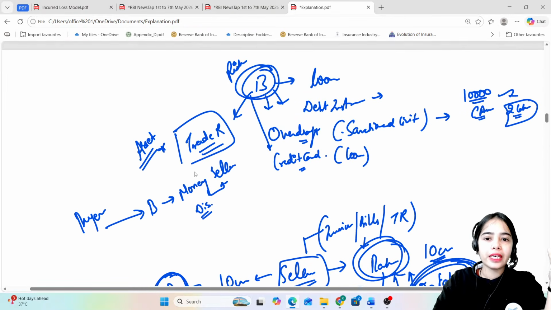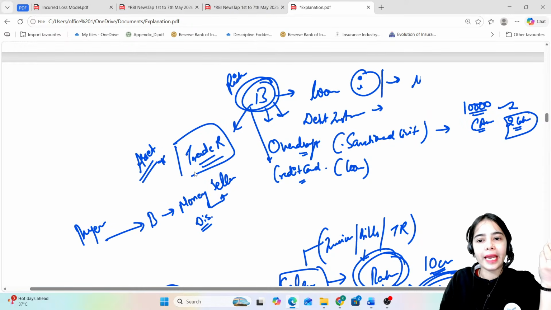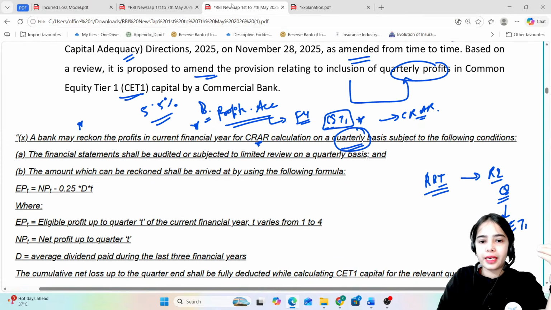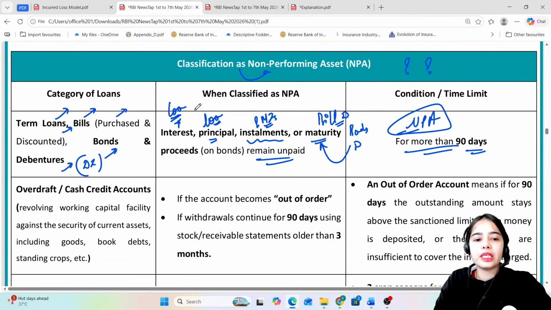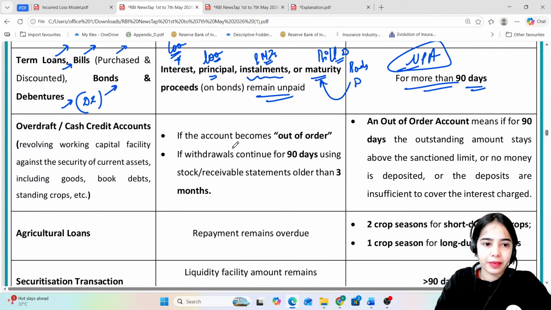If the loan interest is not coming, the EMIs, the installments are not coming, the bank will consider it NPA after 90 days. If in the debt instrument the interest is not coming, the maturity proceeds are not coming, the bank will consider it NPA after 90 days. That is the idea, right? So term loans, bills purchased, discounted, bonds, debentures, if the amount is unpaid for more than 90 days, then this will be classified as NPA.